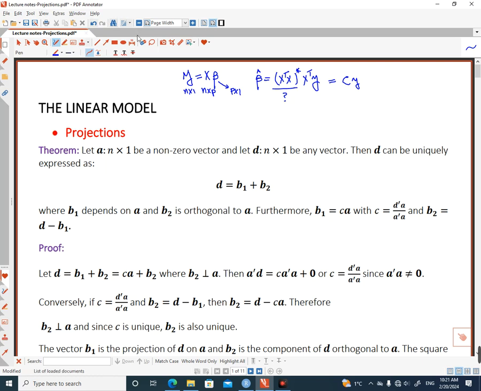Okay, now let's start with projections. We have a fundamental theorem here.